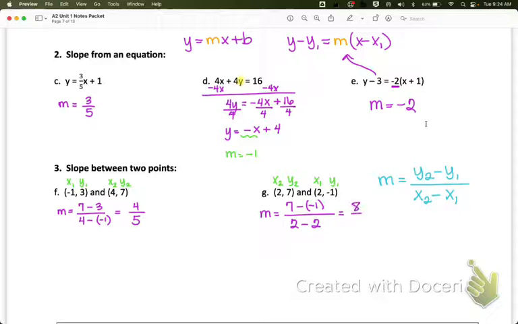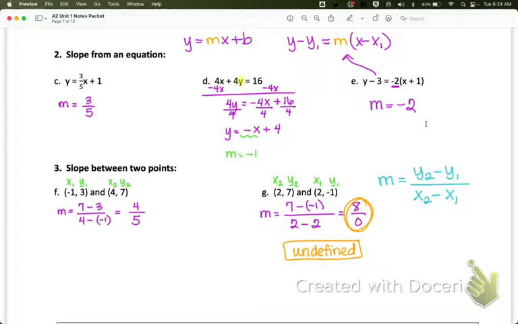So what you should get here is 8 over 0. Now this is really important. 8 over 0 is not a number that exists. We cannot divide by 0. And so 8 over 0 is not an acceptable answer. Instead, we know that division by 0 is undefined, and so that is what we will call the slope.